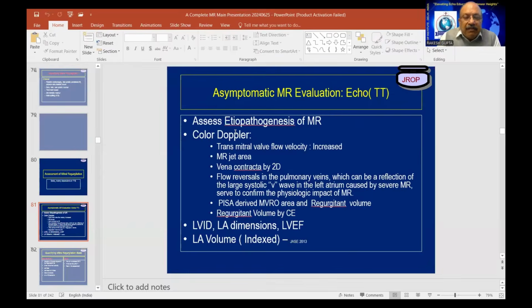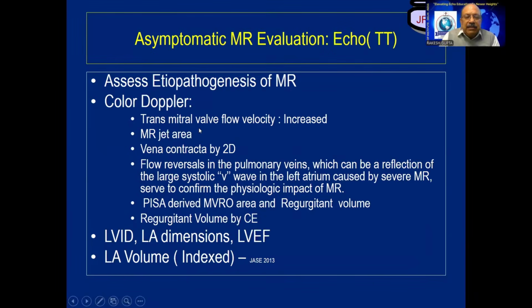So we started with what? We started with transmitral flow velocities, increased. MR jet area, 4 or 8. Jet area versus LA area, 20 or 40. Vena contracta by 2D, less than 3, more than 7 millimeters.